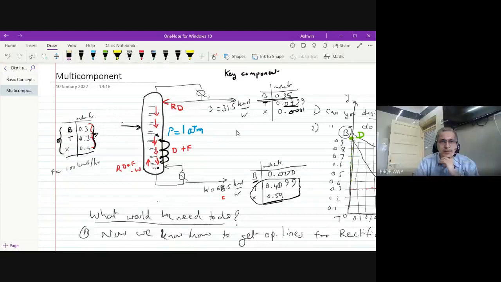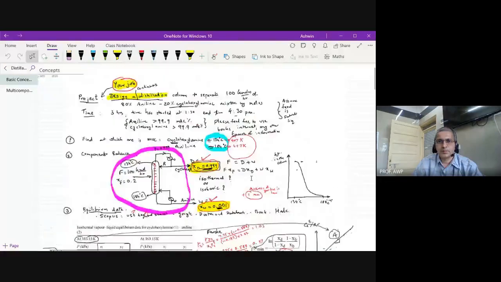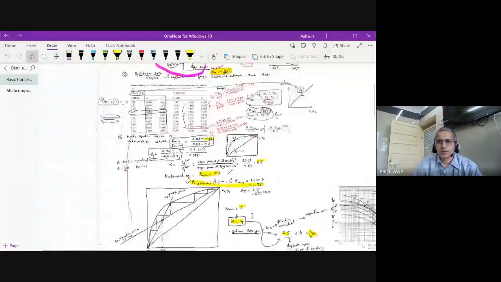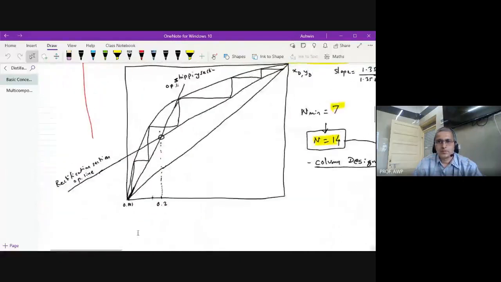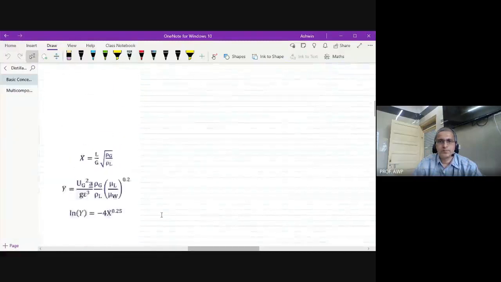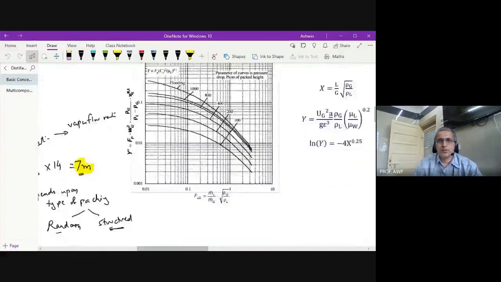Now, your second doubt is how to calculate the diameter. We talked about this Eckert correlation, isn't it? Now in a distillation column, what do you know?